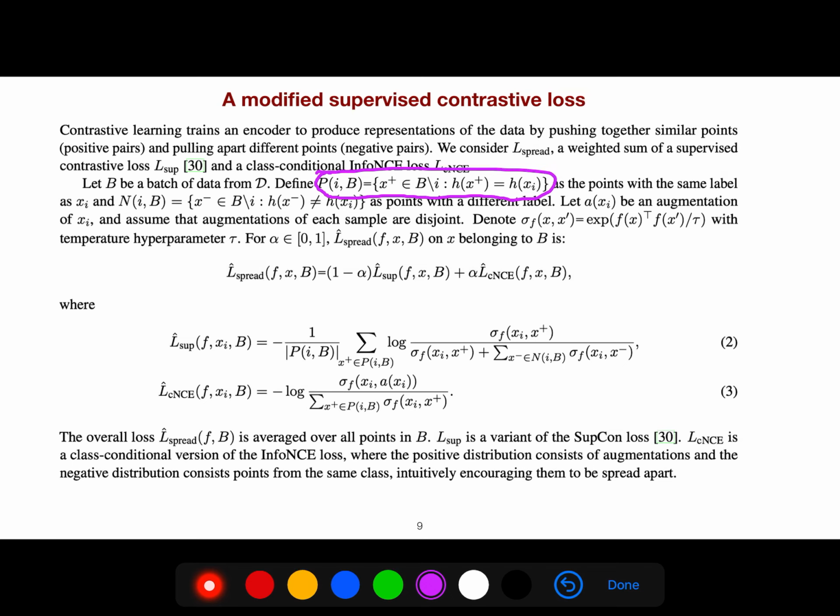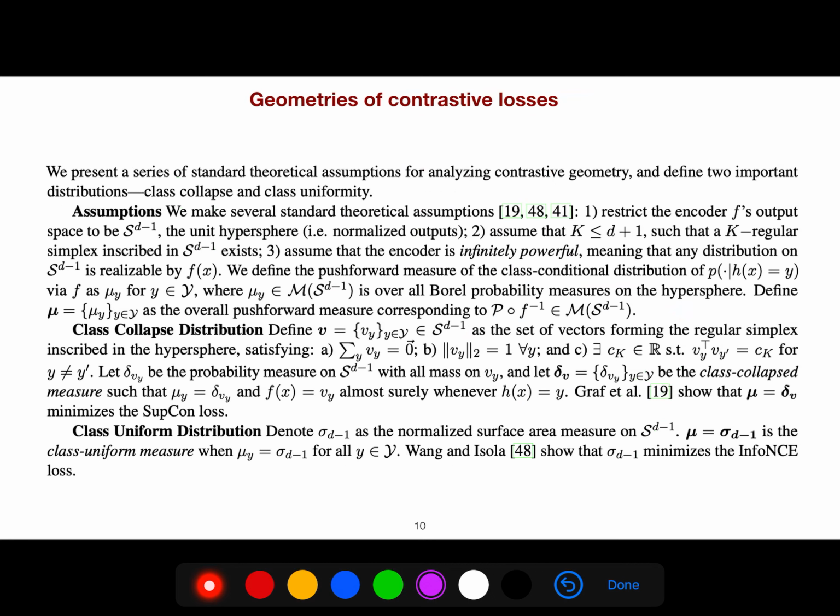And then we can define this spread loss, which is a linear combination of the InfoNCE loss and the supervised loss. The InfoNCE loss is the classic approach, and then we add them so that it's a trade-off between these two different objectives.